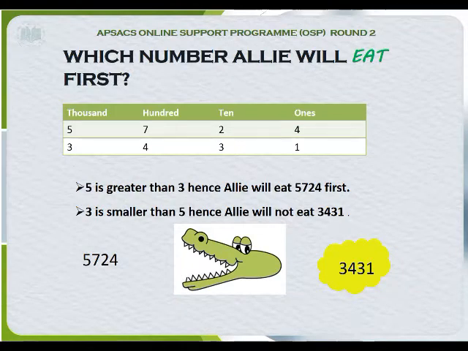In these numbers, the highest place is 1000. So let's compare from the 1000 place. In the 1000 place, the first digit is 5 while the second digit is 3. We all know that 5 is greater than 3. Hence, Ellie will eat which number?